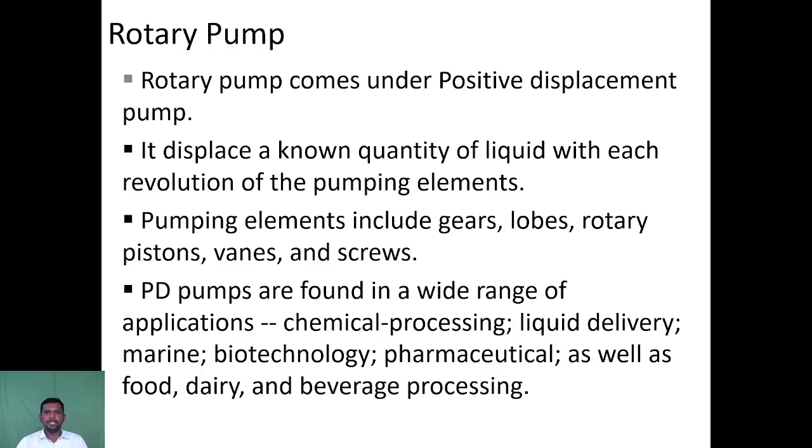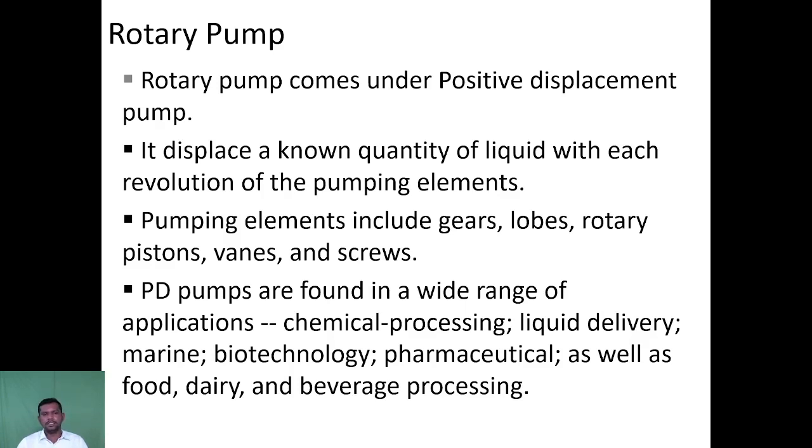A rotary pump comes under positive displacement pumps. It displaces a known quantity of liquid with each revolution of the pumping elements. The pumping elements include gears, lobes, rotary pistons, vanes, and screws. We have discussed those in the previous slide also.